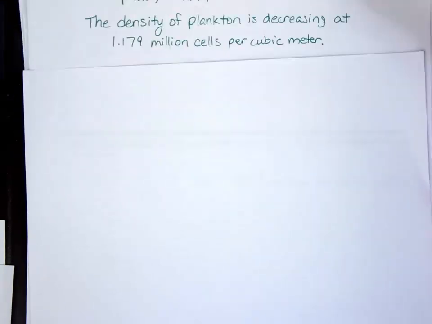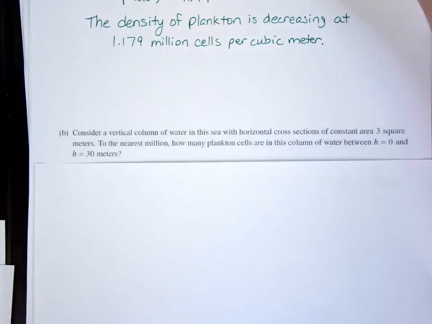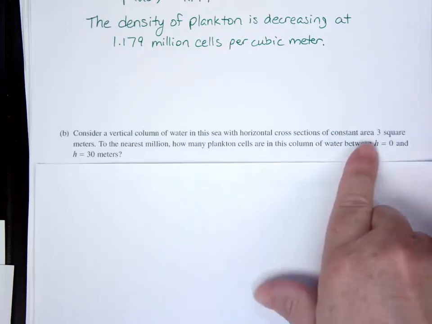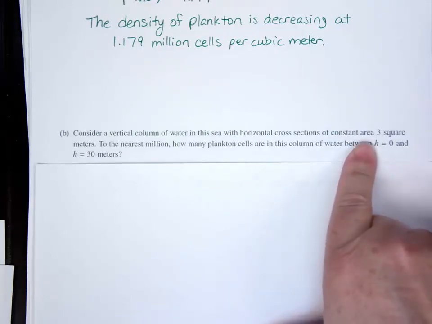All right, part B. Consider a vertical column of water in the sea with horizontal cross sections of constant area 3 square meters. To the nearest million, how many plankton cells are in this column of water between 0 and 30? So basically we're doing a volume with a cross section, and they just tell us that the area of the cross section is 3.